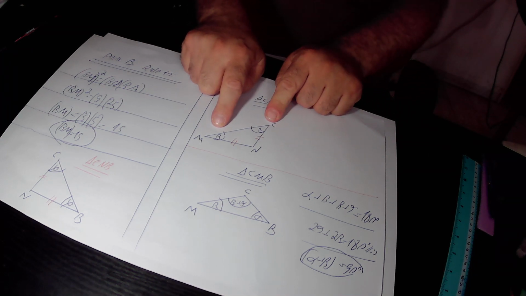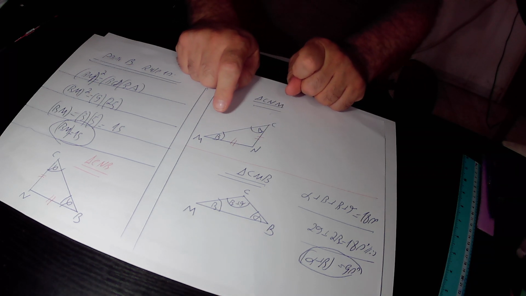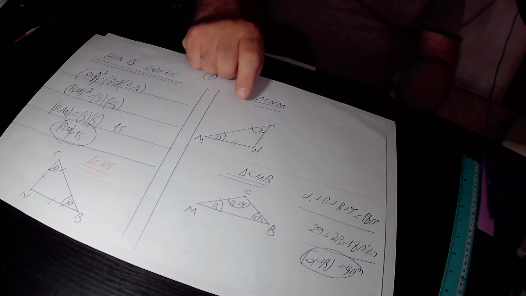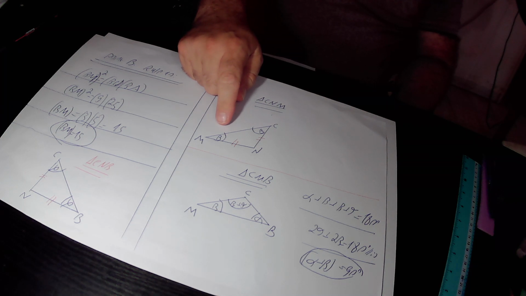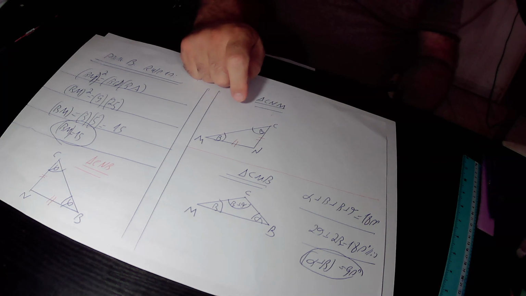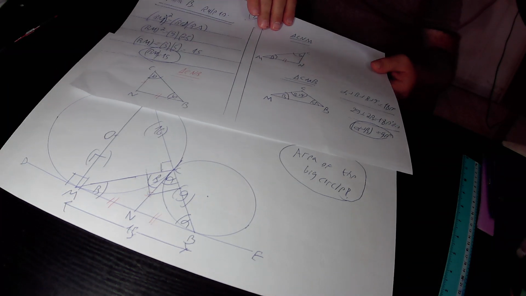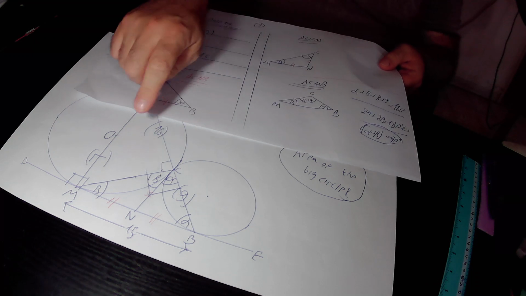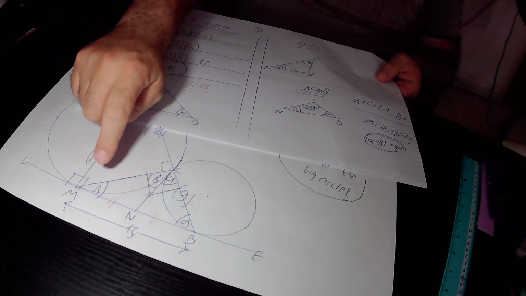Because those two angles are located in front of two equal sides, they must also be equal in size. So if the size of this angle is beta, then the size of this angle must also be beta. So in total, we found that angle MCN equals beta, and angle CMN also equals beta.